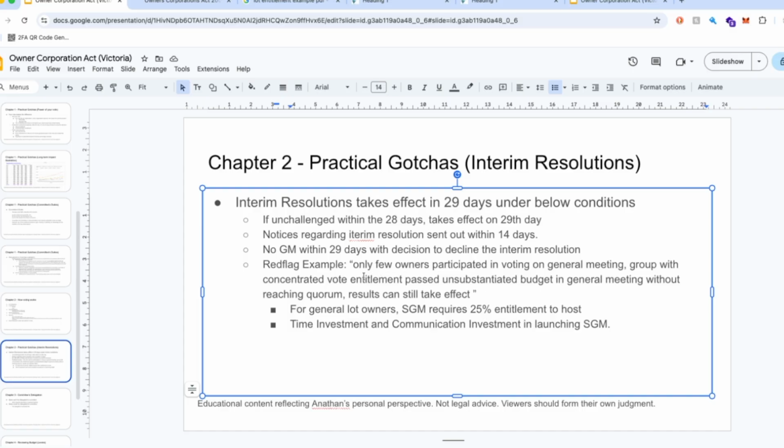Here I just use an example. If the group with constitutive vote entitlement passes a budget that's unsubstantiated, unjustified, in a general meeting, it could still become a resolution if it complies with that 25% interim resolution process.